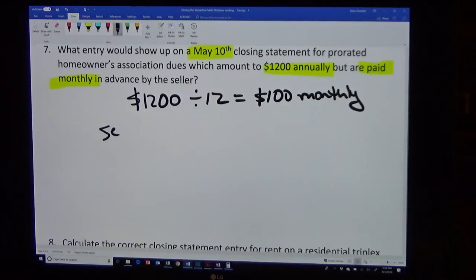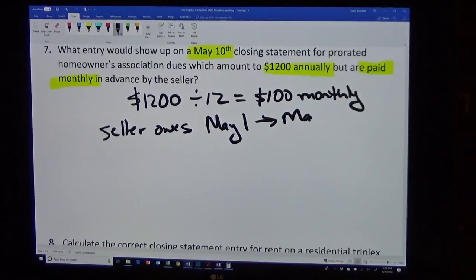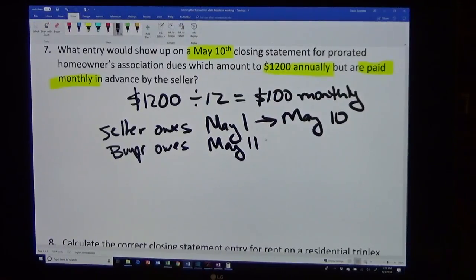We can write seller owes, and in this case the seller doesn't owe from January 1 through, they owe just starting in May, because this is monthly, not annually. So they owe from May 1 through May 10, and the buyer owes HOA dues from May 11 through May 30th.